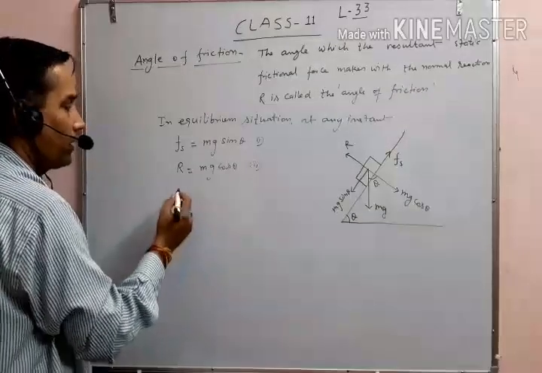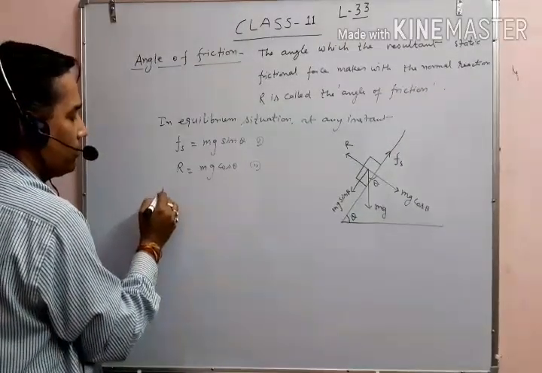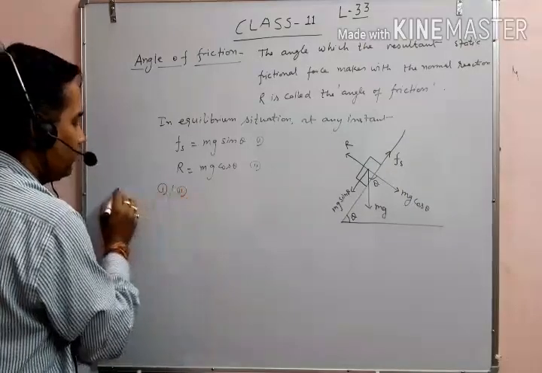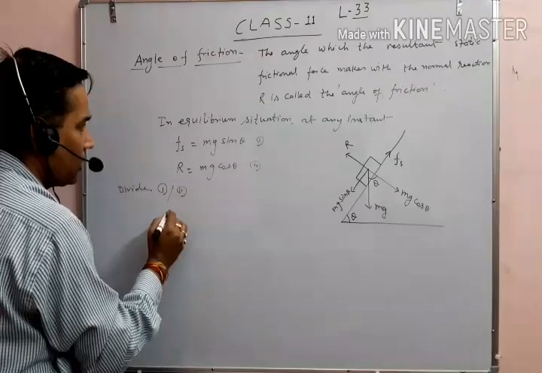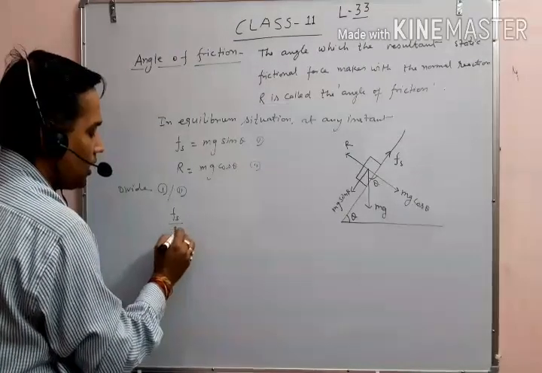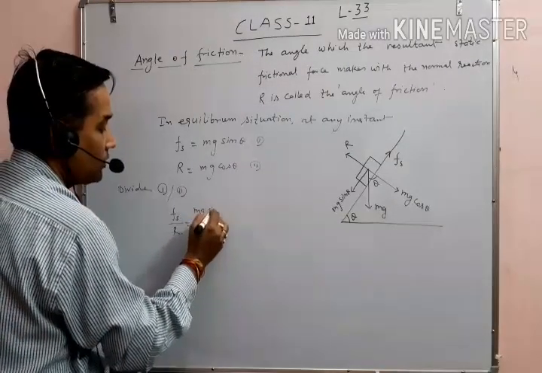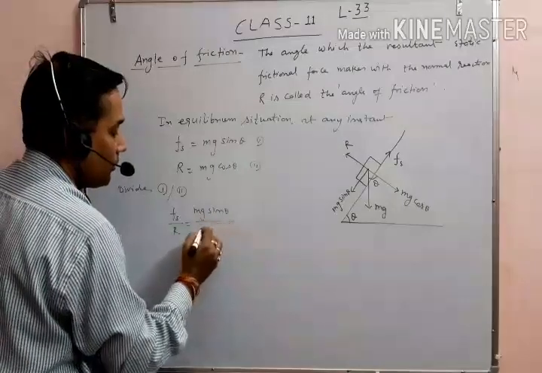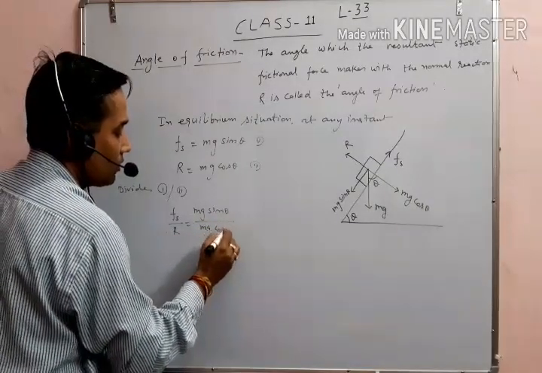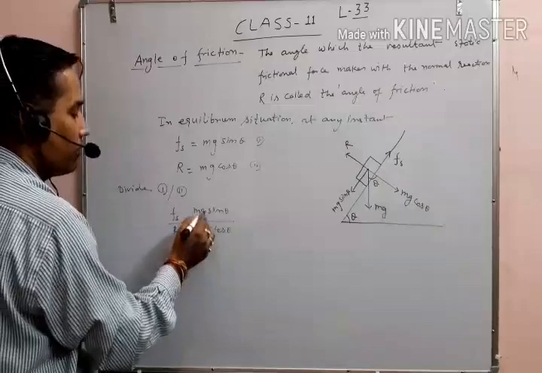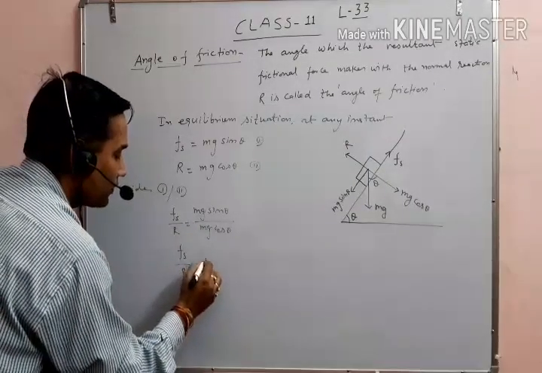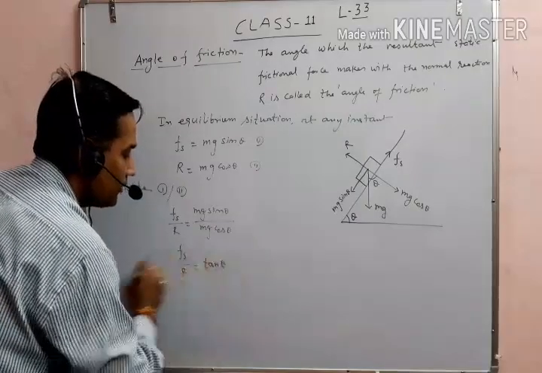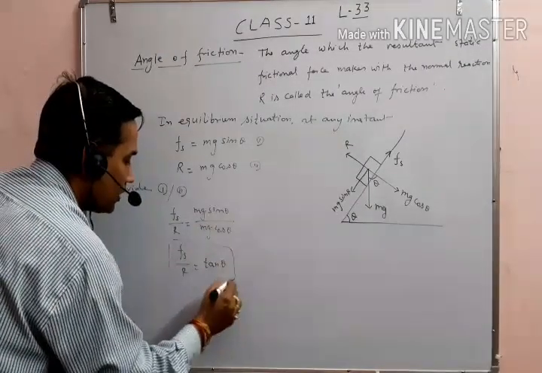Now if we divide 1 by 2, we get Fs upon R is equal to mg sin theta upon mg cos theta. Now mg cancels, so Fs upon R is equal to tan theta. So this is another formula.